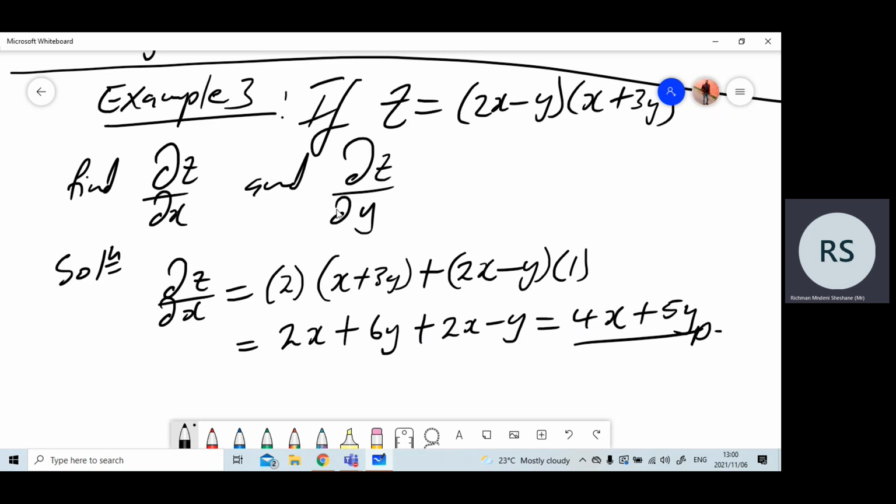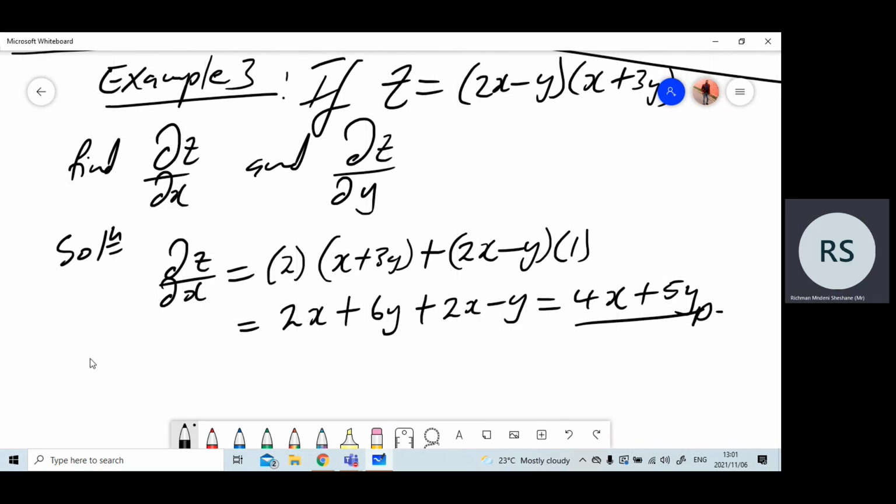Now let's find the derivative of z with respect to y. Partial derivative now of z with respect to y is going to be, again, we derive the product of two functions. So we apply the product rule, but now we derive with respect to y.